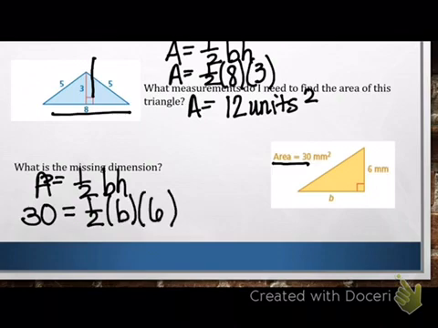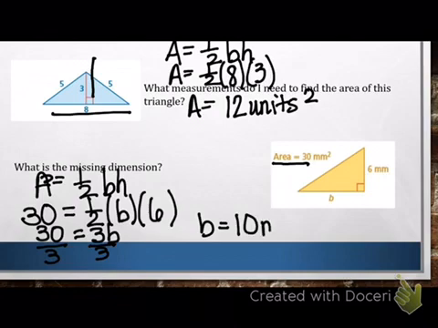I can say 1/2 of 6 is 3, so 30 equals 3b, and I can get rid of my 3 by dividing both sides by 3. And when I do, I get b equals 10 millimeters. Remember, this will not be squared because it's only a missing dimension. It is not area.